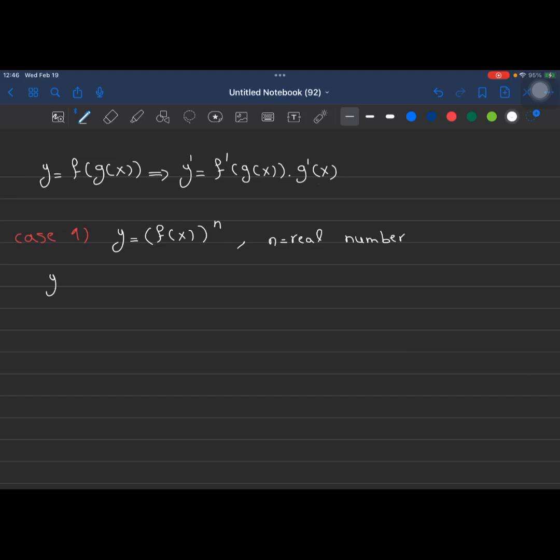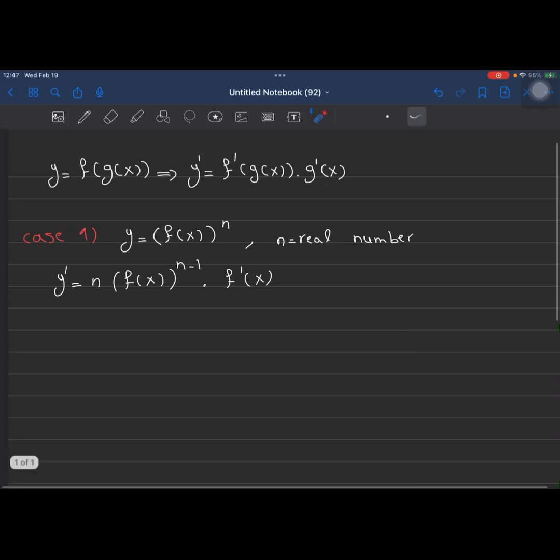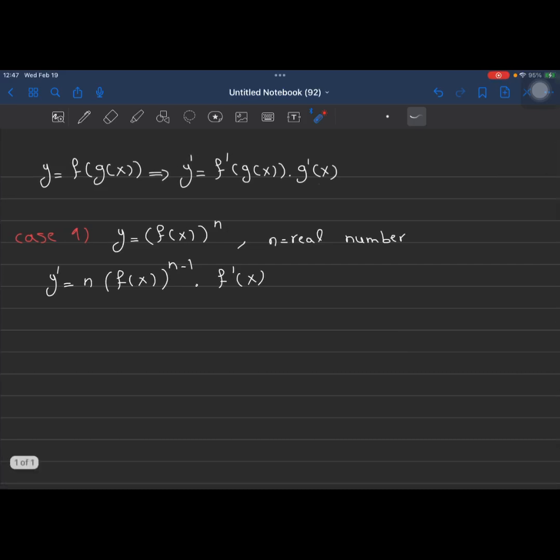And the formula is y prime is equal to n, so you bring the exponent down, multiplied by f of x to the power of n minus 1, and then you multiply by f prime of x. So this is very similar to the power rule, which is just for x to the power of n, but the extra part is multiplying by the derivative of f of x.